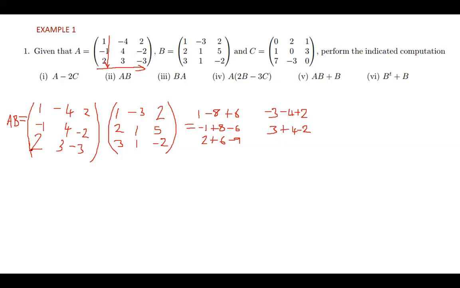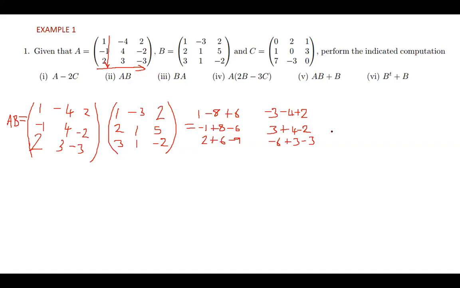I move on to the last row, so I'm also going to move to the last row here. So this is going to be 2 times -3. I'm getting -6 here. And then this 3 times 1, I'll get +3. And then this -3 times 1, I'm getting -3 there.